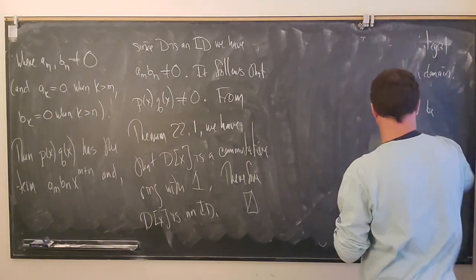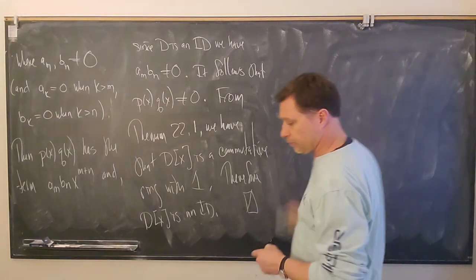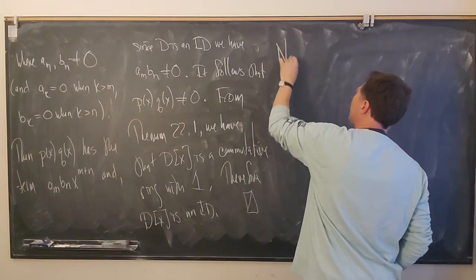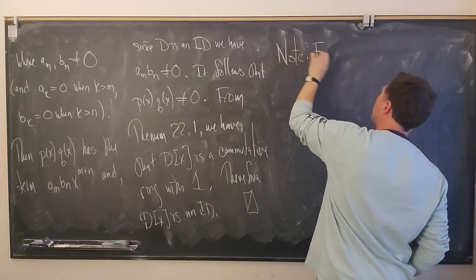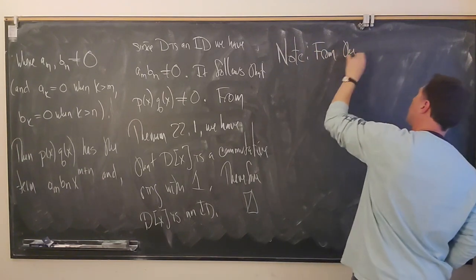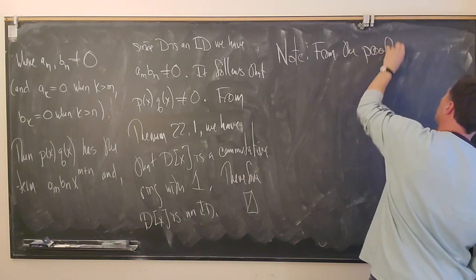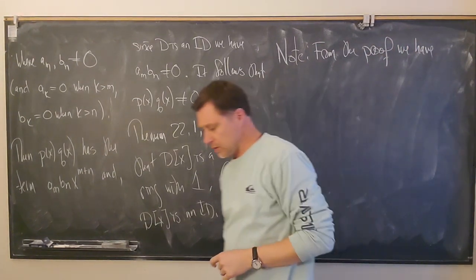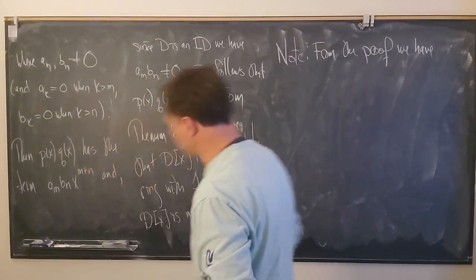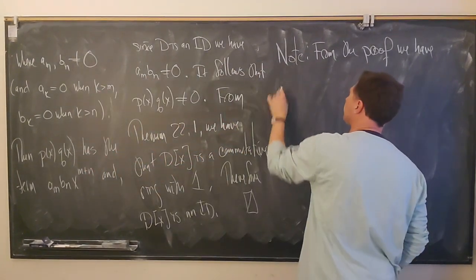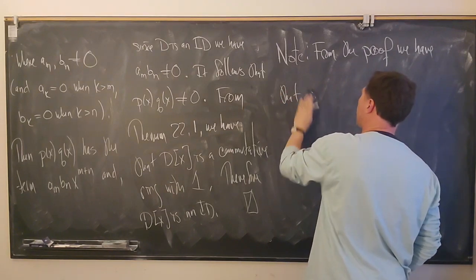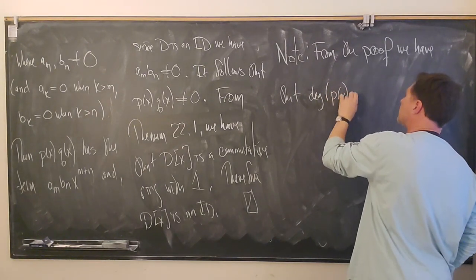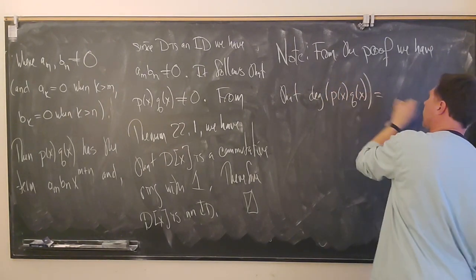One thing to notice from this proof, I'm not going to write this as a corollary or anything, but we'll say it's an observation or a note. So note, from the proof, we have the following. If we're taking polynomials from an integral domain, then the degree of p of x times q of x, how does that work?